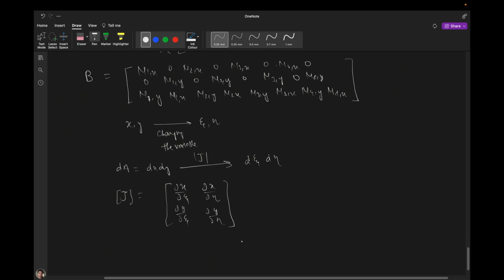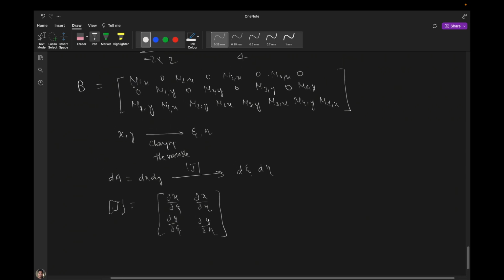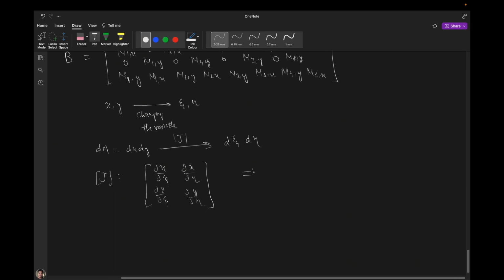But here the problem is we have to change this B. If I talk about the N matrix, I mean the shape function matrix, which was n1, n2, n3, n4, and here it will be 0 0 0 0, n4 0, n1 0, n2 0, n3 0, n4.